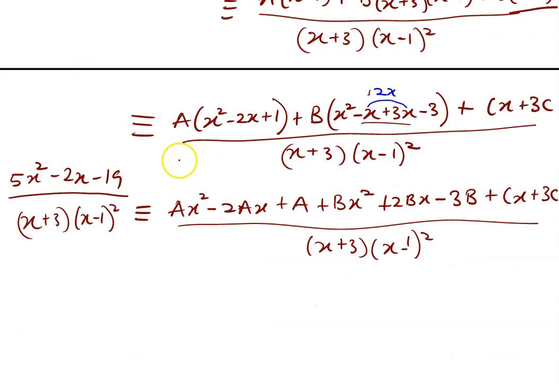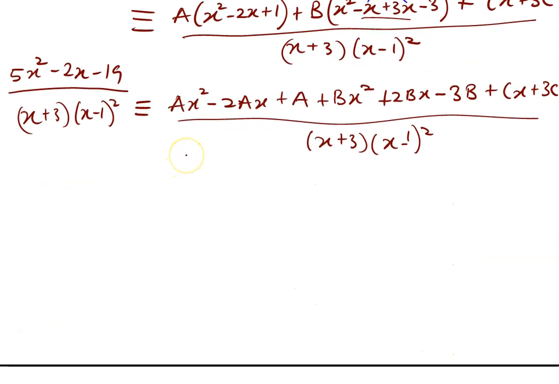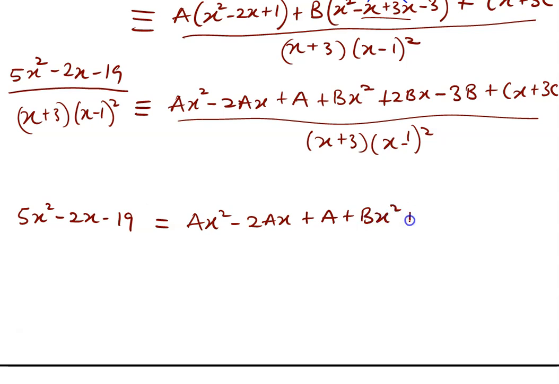So with this, I will say that the numerators are equal. So I just equate the numerators: 5x squared minus 2x minus 19 is equal to ax squared minus 2ax plus a plus bx squared plus 2bx minus 3b plus cx plus 3c.